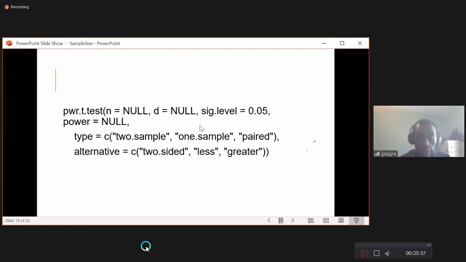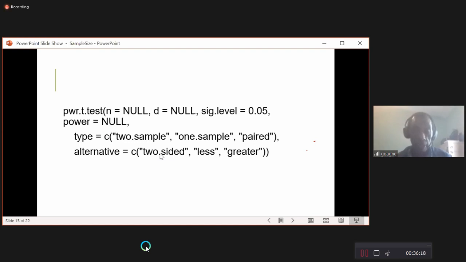Now here, as you can see, there is a null. That means, for example, if I don't provide the value of n here, but I provide the effect size, for example the medium, which is 0.5, and the power is 0.8, where 80 and above is acceptable, and it's a two-sample, two-sided test, then since I haven't provided n, it will calculate the sample size that corresponds to that power and the alternative.